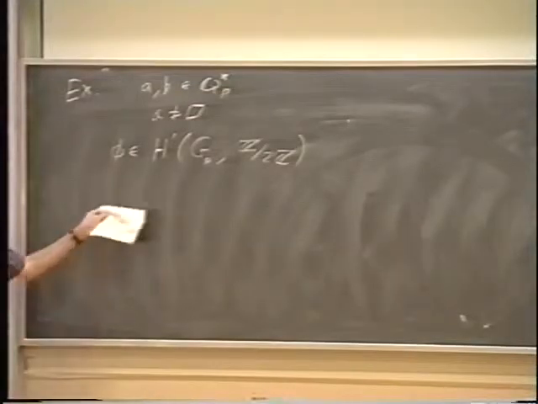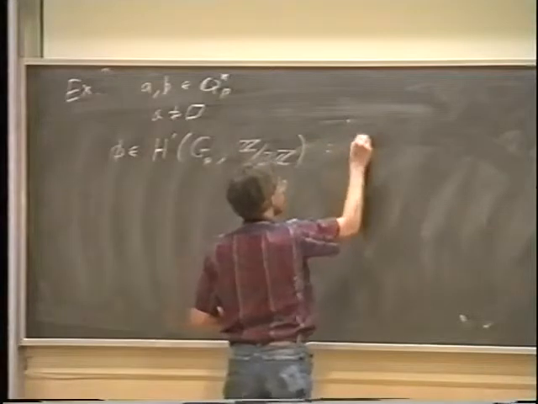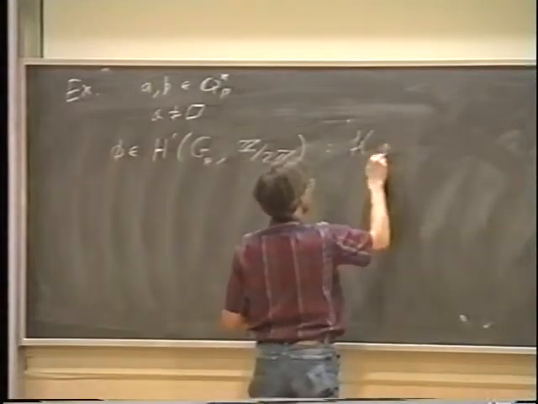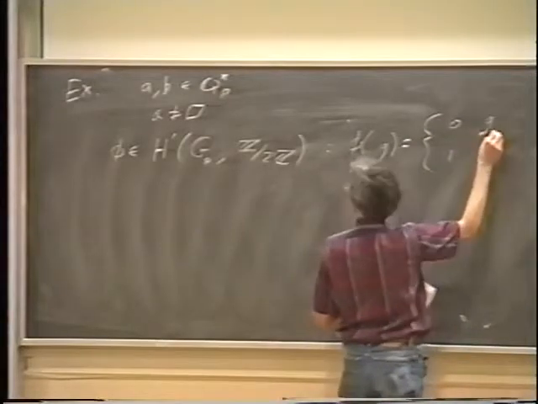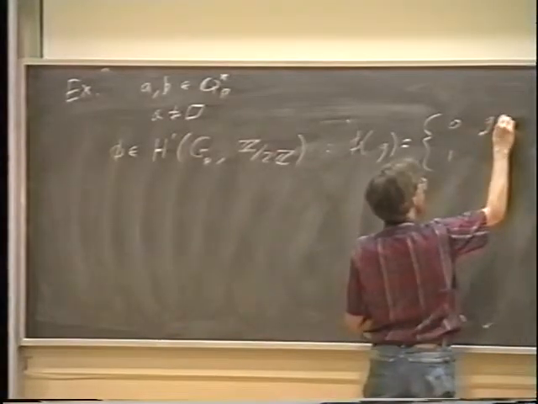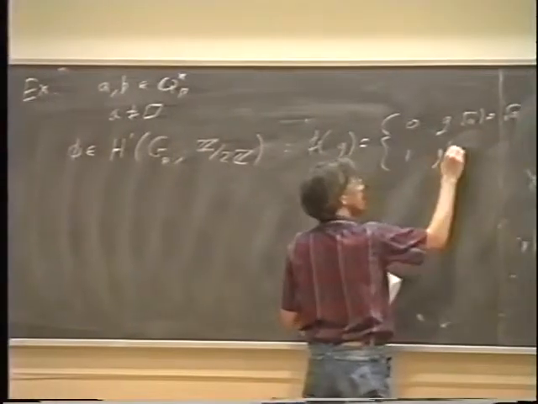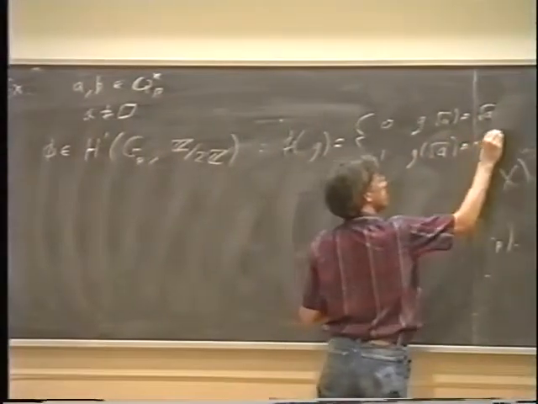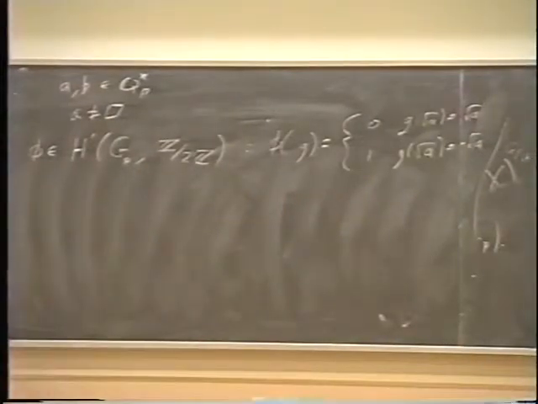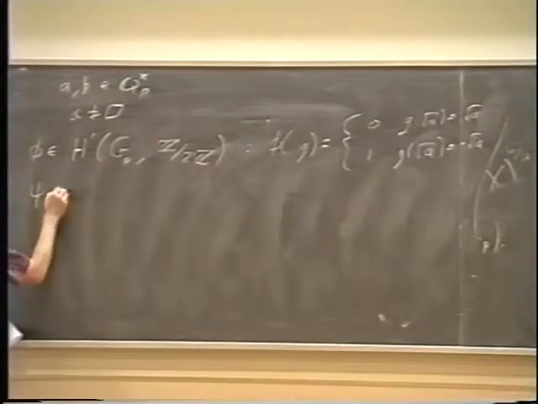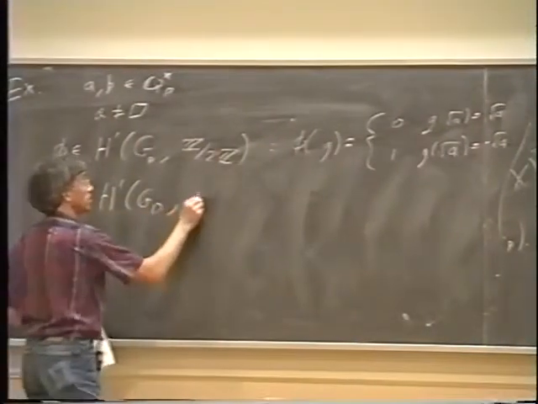So that just has to be a homomorphism into Z mod 2. So we're just going to define phi of g equals 0 or 1. This is 0 if g of square root of A equals square root of A, and this is 1 if g of square root of A equals minus square root of A. And we'll make psi, whatever, in H^1 of G_p with coefficients in mu_2.